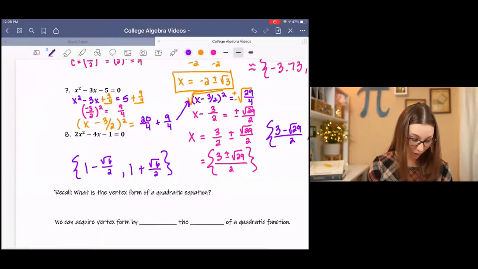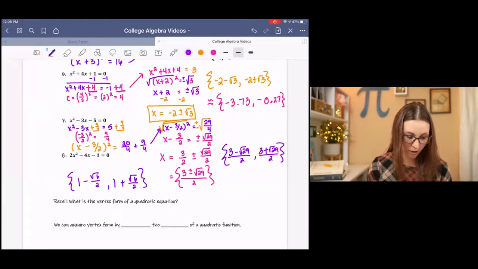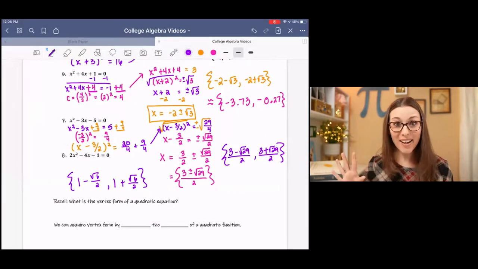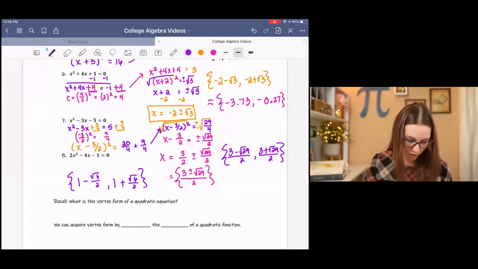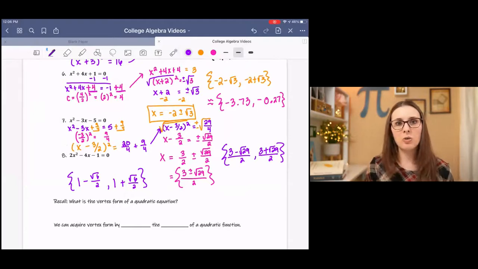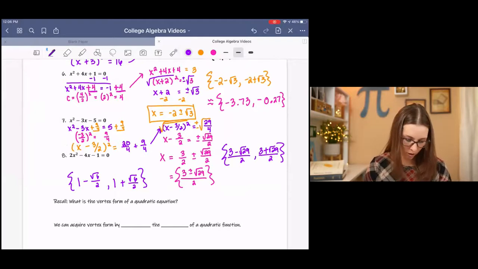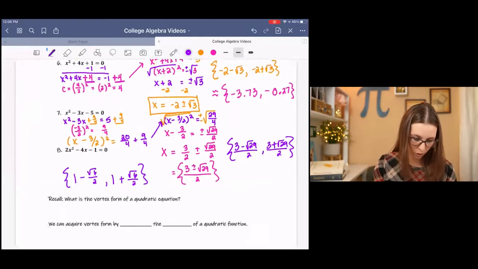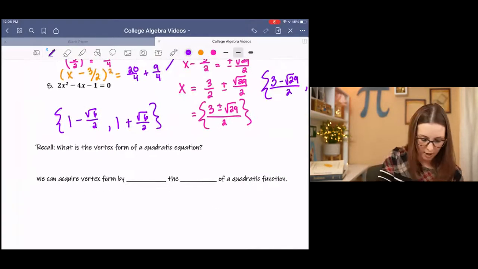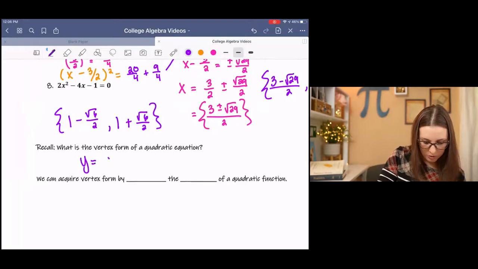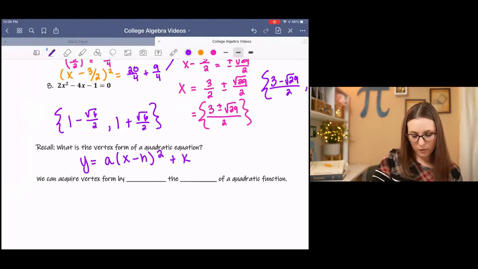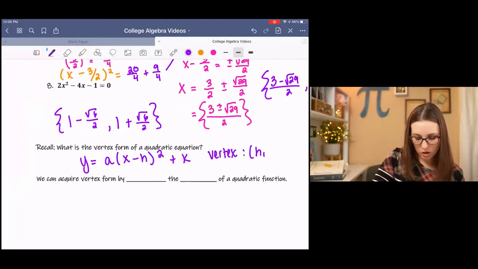That is all for completing the square, but wait, there's more. If we go back to my notes on vertex, then you might recall that vertex form of a quadratic is y equals a times x minus h squared plus k, where the vertex was (h, k).